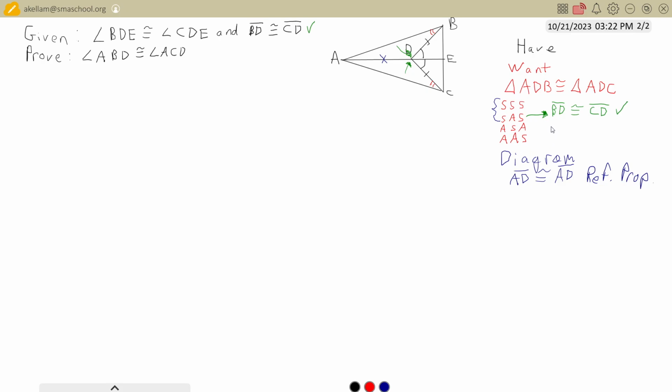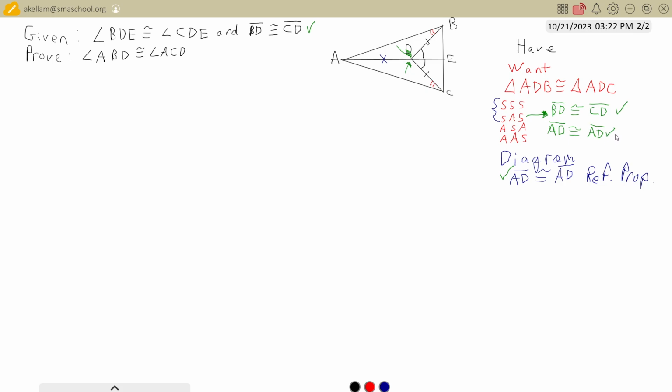We are going to need AD congruent to AD, which we have from the reflexive property.